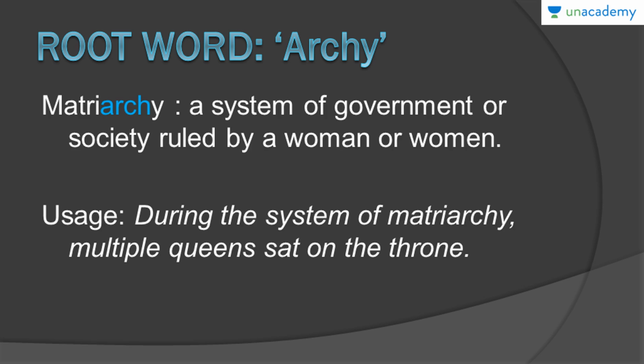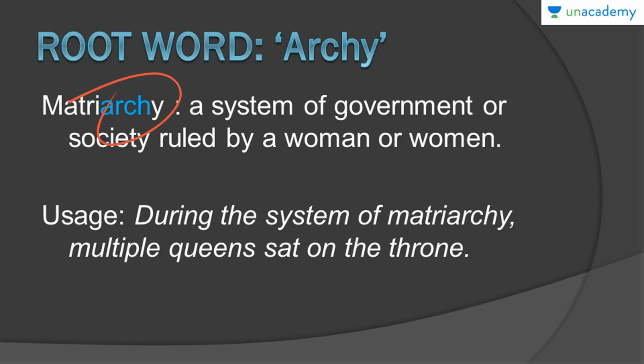So during the system of matriarchy, multiple queens sat on the throne. If it is a system of matriarchy, that means only the women will have a say. Only the women will have the power. They will dominate the society or they will dominate the country. This is as simple as that. So archy is there, so you know the meaning of the word will revolve somewhere around the system of government or something relating to ruling.